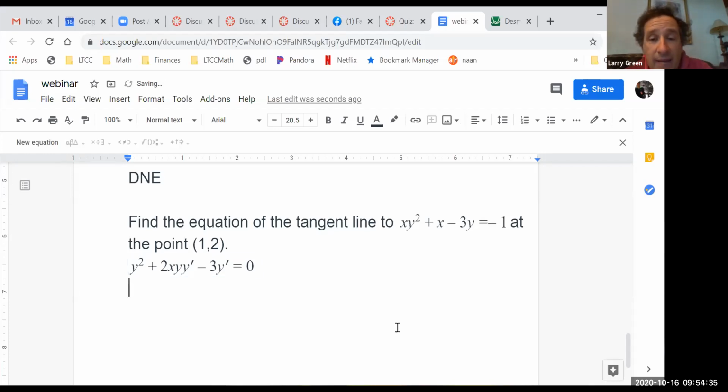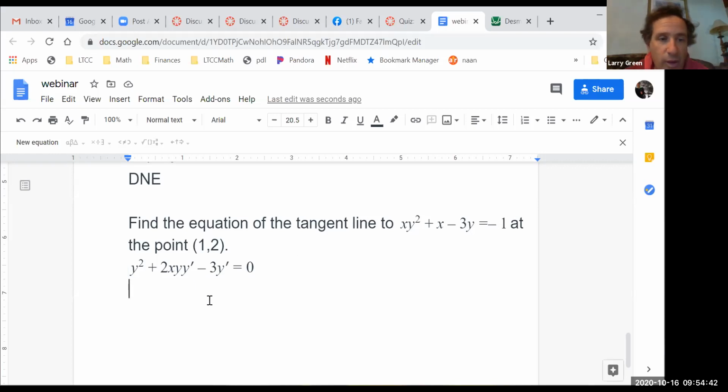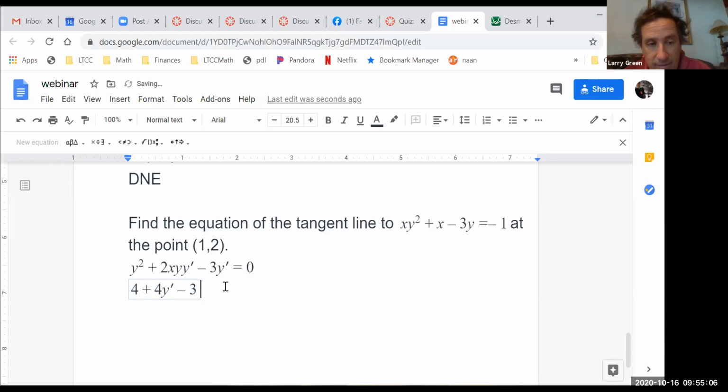Then we go ahead and plug in. So let's plug in. So we get 4 plus, so again, x is 1, y is 2. So that gives you 4y prime. And then minus 3y prime equals 0.